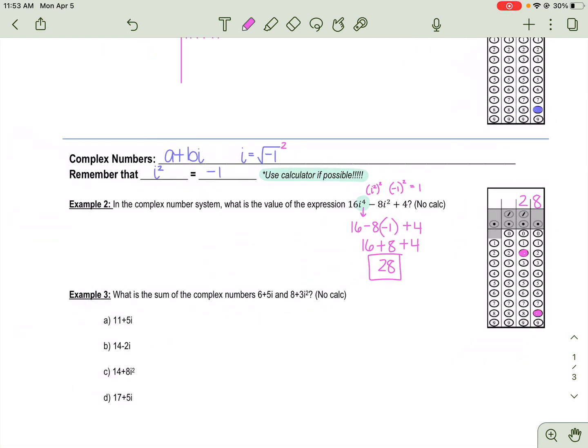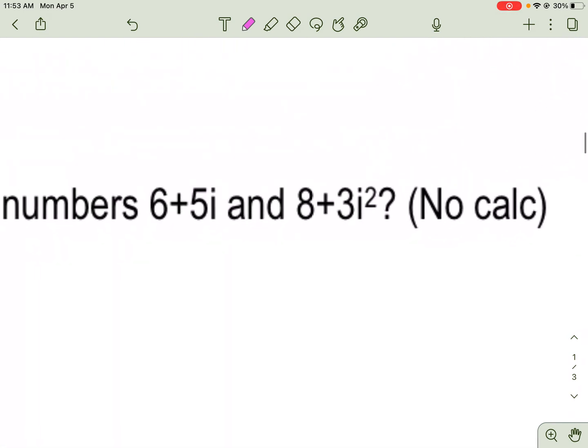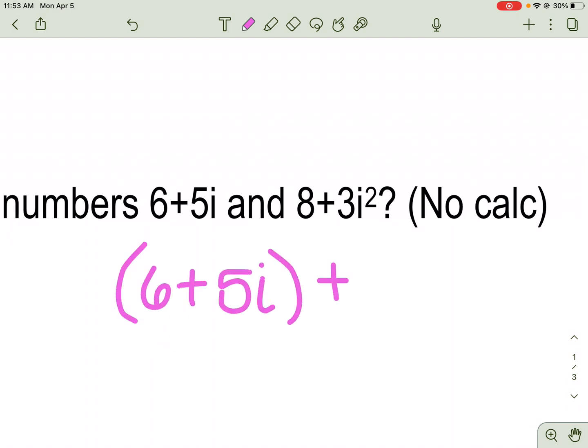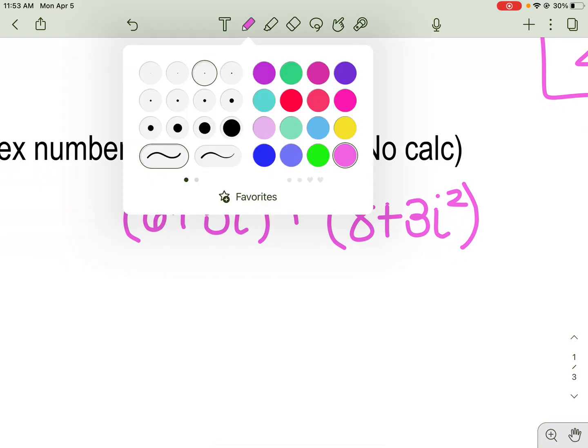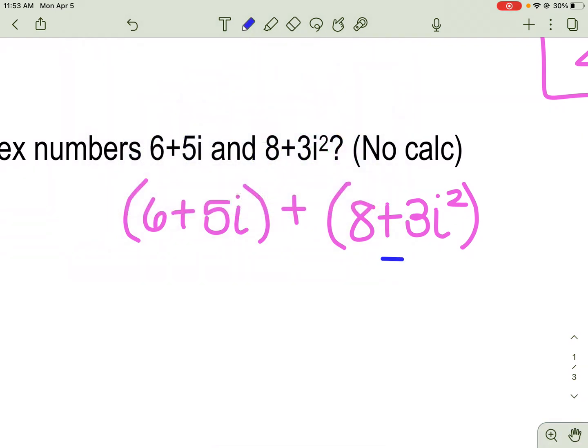Okay, same thing here. What is the sum of this complex number plus this complex number? Okay, so 6 plus 5i plus 8 plus 3i squared. All right, well, i squared is -1, so this becomes -3. 8 minus 3 is just 5.